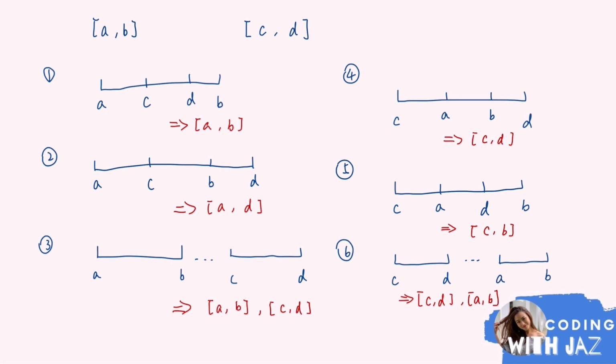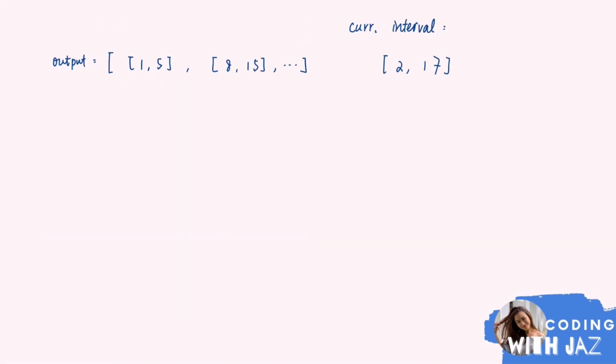Say we're just taking the intervals input as is and trying to process all the intervals in this intervals array, merging all the overlapping ones and getting all the non-overlapping intervals into the output array.